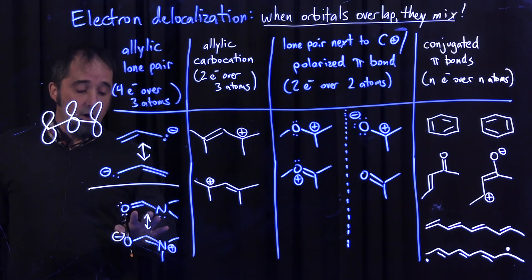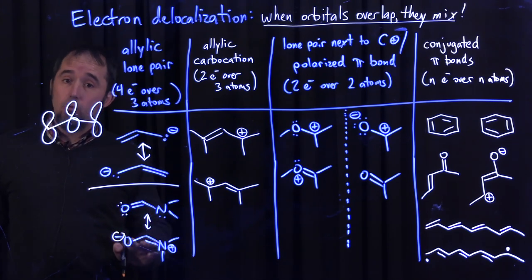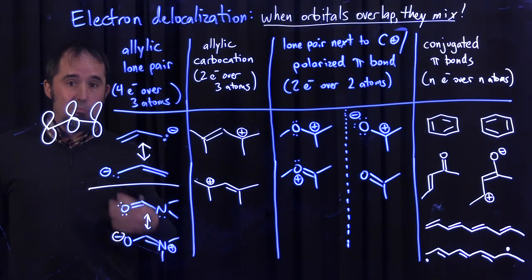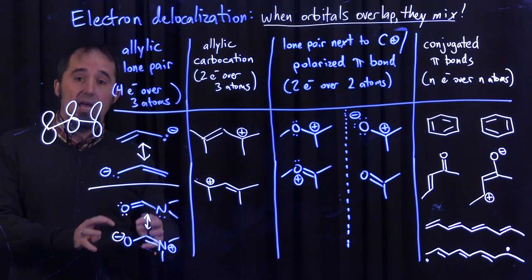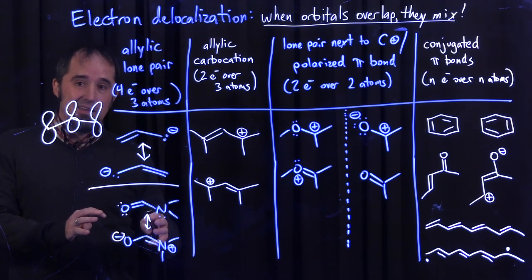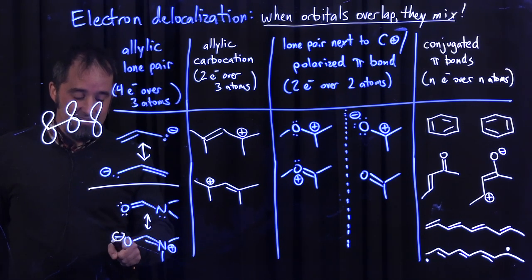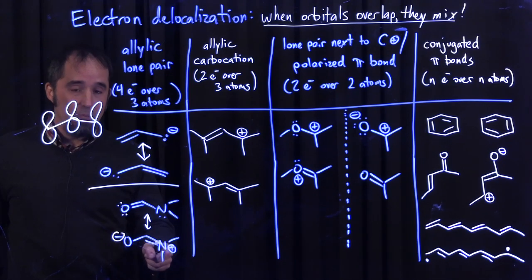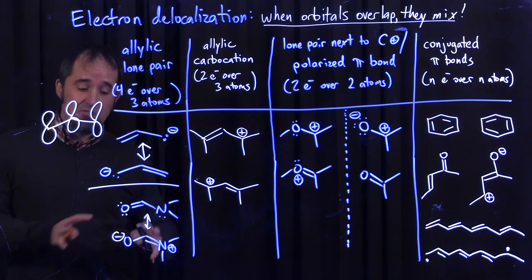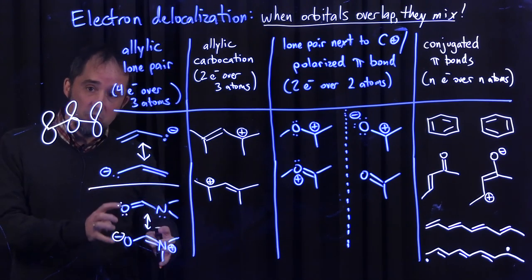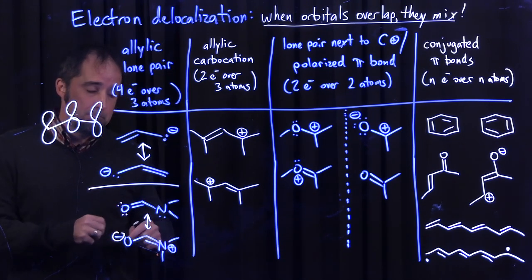This one in particular is really important for biochemistry. As you think about proteins, proteins are built from this unit. And the behavior of proteins involves having this pretty negative oxygen and pretty positive nitrogen as important parts of that system. Okay, so this resonance is super, super important to biochemistry.